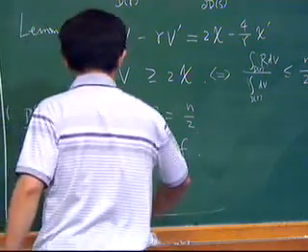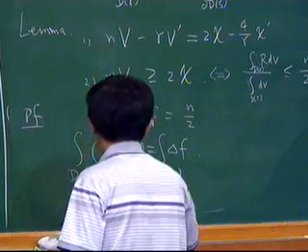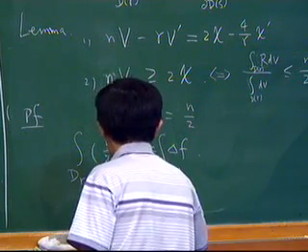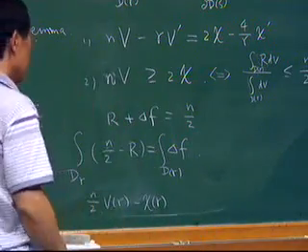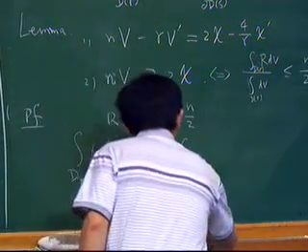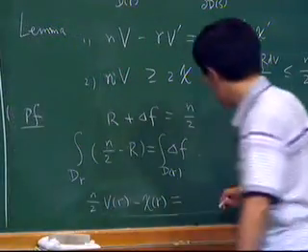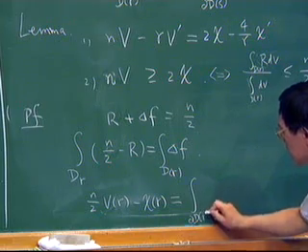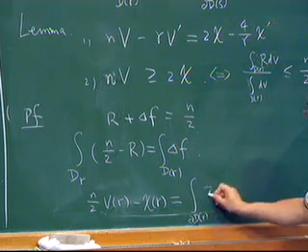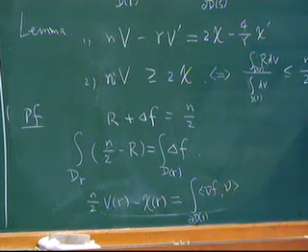This side is simple, just minus this side. This side we use the divergence formula. It's equal to the boundary integral of the gradient f, the normal vector field of the boundary.